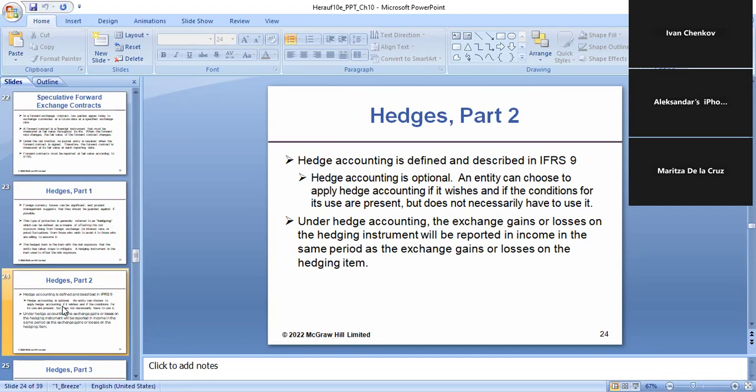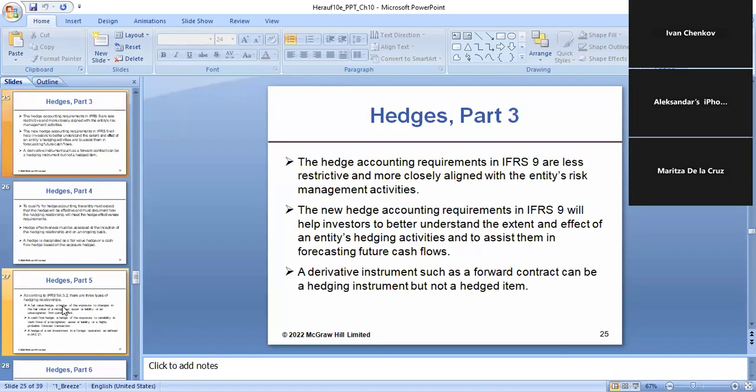So again, we have the hedge item, we have the hedge instrument. And exchange gains and losses on the hedging instrument will be reported on income in the same period as the exchange rate gains and losses on the hedging item. If the hedging item has exchange gain and loss, then that means the hedging instrument is also going to have exchange gain and loss.